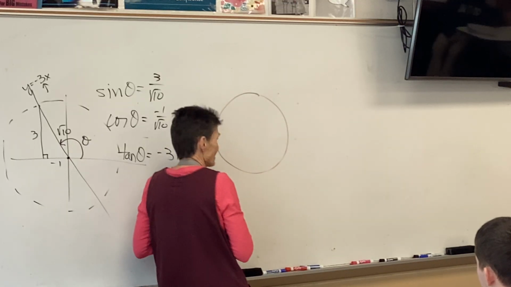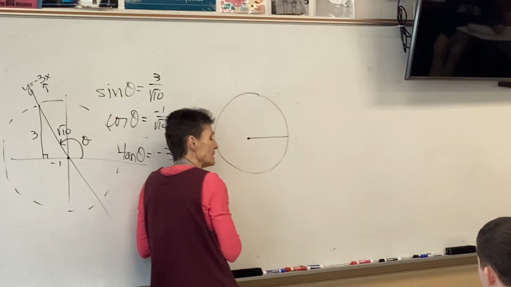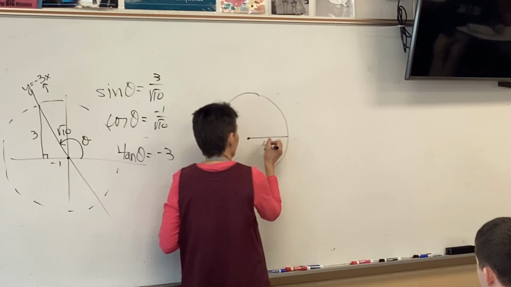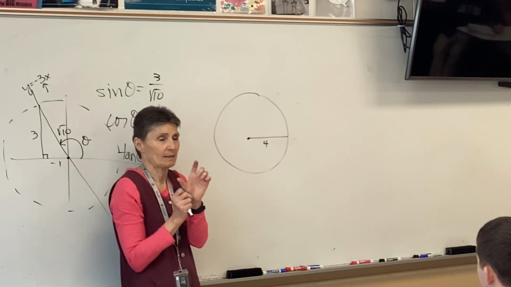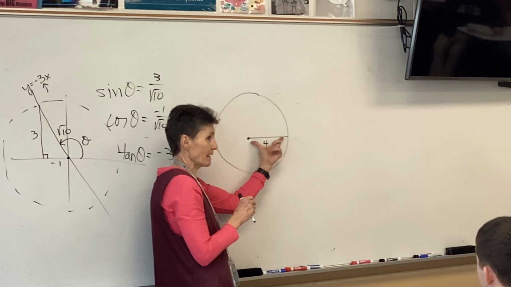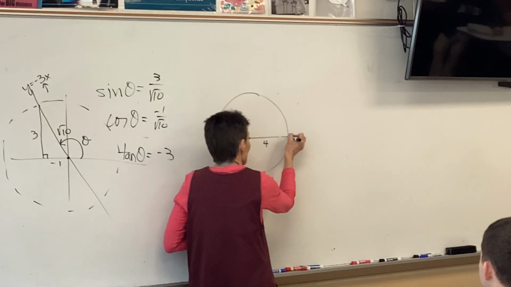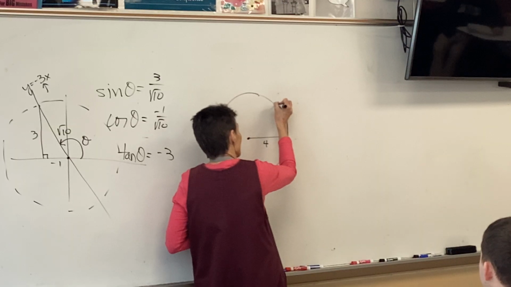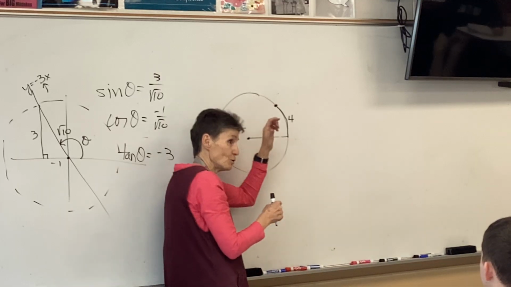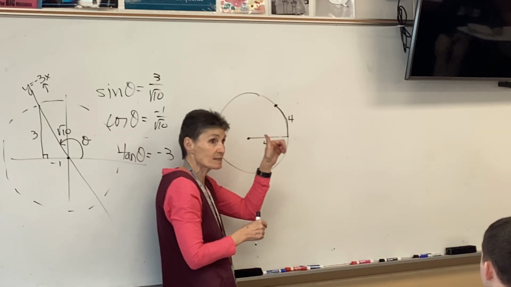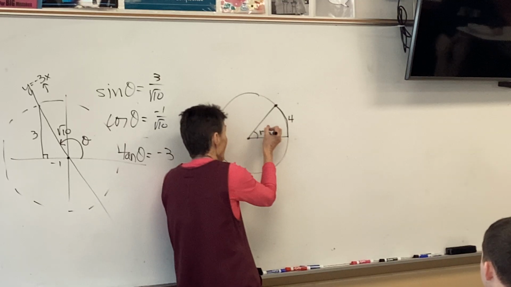So here's my circle, a random circle. Let's say this circle has a radius of, I don't know, 4. If I took a piece of string of radius length, so 4 units long, and wrapped it around my circle so that this arc was 4 units long, the same as the radius, the angle that determines is 1 radian.